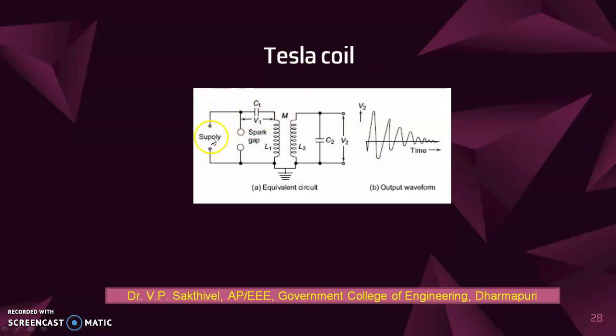Here the primary is fed from either an AC or DC supply with capacitor C1. Then the spark gap is connected across the primary in order to trigger at the desired voltage V1, which induces high self excitation.